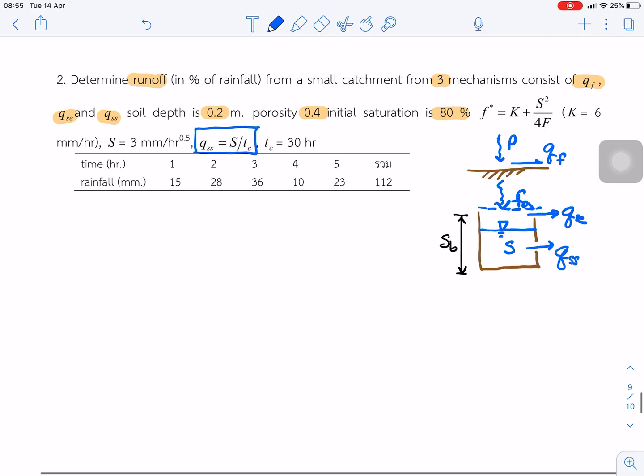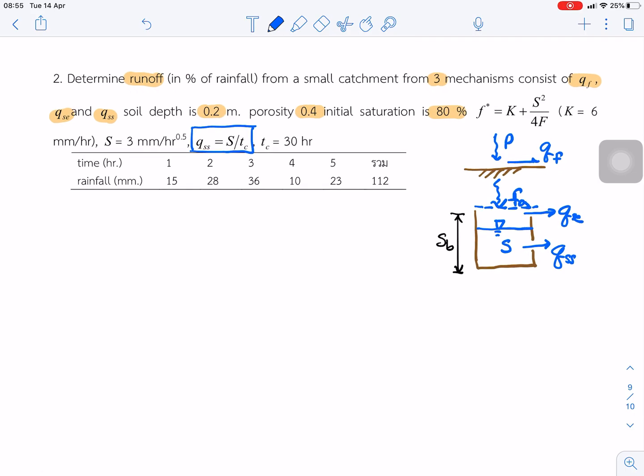We can estimate starting from SB. SB is equal to the depth of the soil times porosity, so it is the depth of soil times the porosity. So we expect the storage capacity is 80 millimeters.